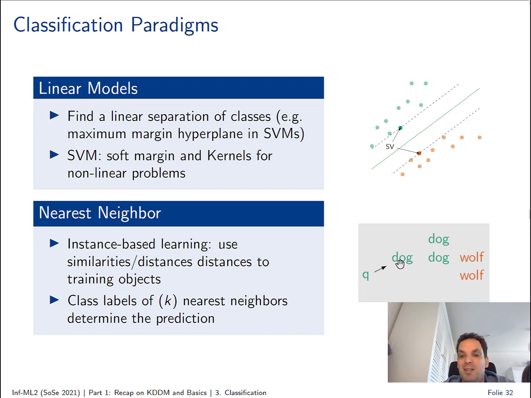The nearest neighbor is a dog, so we say, okay, this one is also a dog. Of course, we can use not only the nearest neighbor to determine the class label of a query, but also the k-nearest neighbors, and so on. There are different variants, playing around with k and also with weighted k and stuff like that.